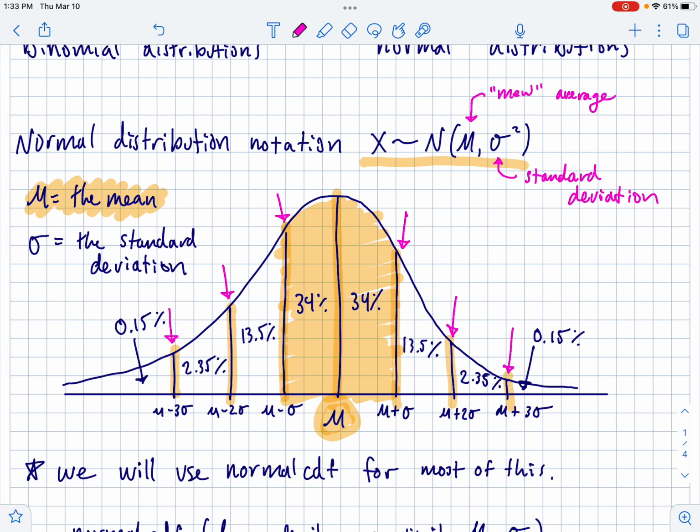The way I always think of normal distributions is if I grade a bunch of tests and the average is a C right here. Then the further you move up, there'll be B's and A's and A pluses, and the further you move down, there'll be D's and F's and F minuses. A lot of people fall within this first standard deviation.